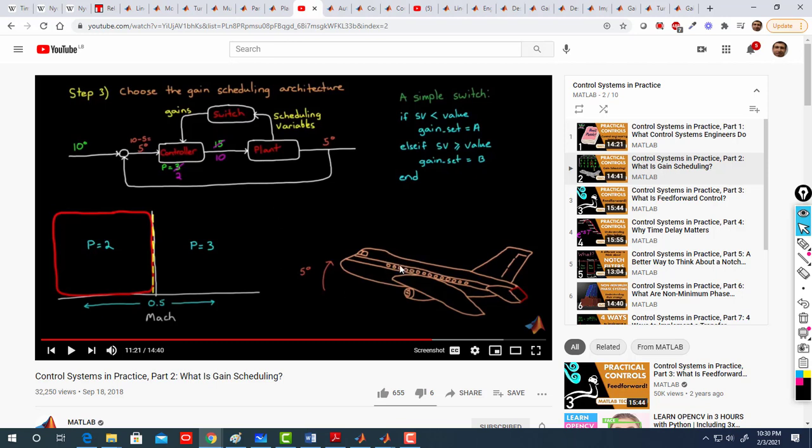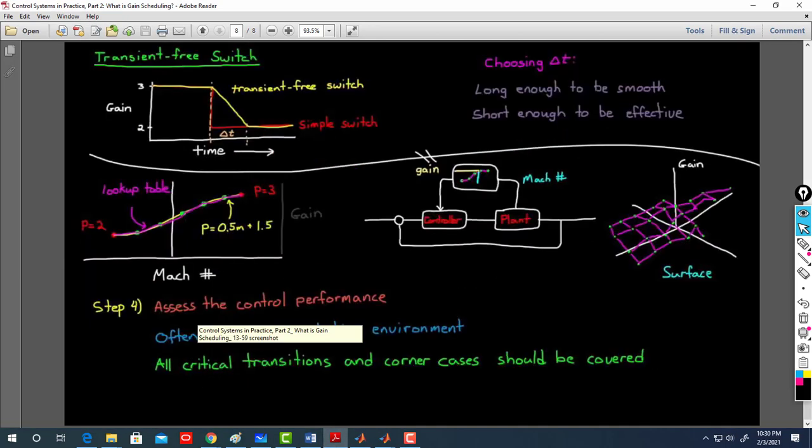This is undesired behavior, and we can get rid of this transition by using a smooth surface of values. Instead of moving from 3 to 2 directly, we can have a polynomial, maybe linear or quadratic, so you have a smooth transition from one gain to the other by creating a surface.